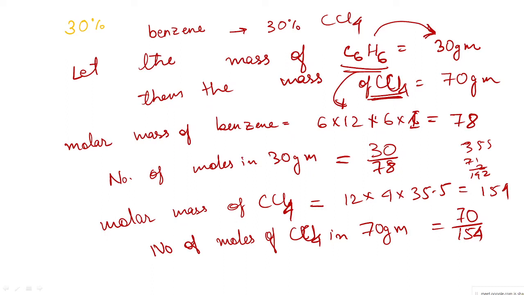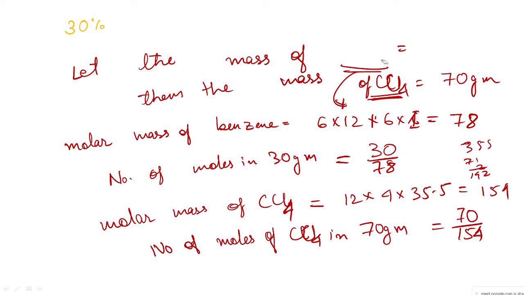Now you were asked to find out the mole fraction of these compounds in the solution. So to calculate the mole fraction, the formula is that for the compound whose mole fraction we are calculating, we keep that in the numerator and all the remaining in the denominator. Now let us see how we are going to do this.